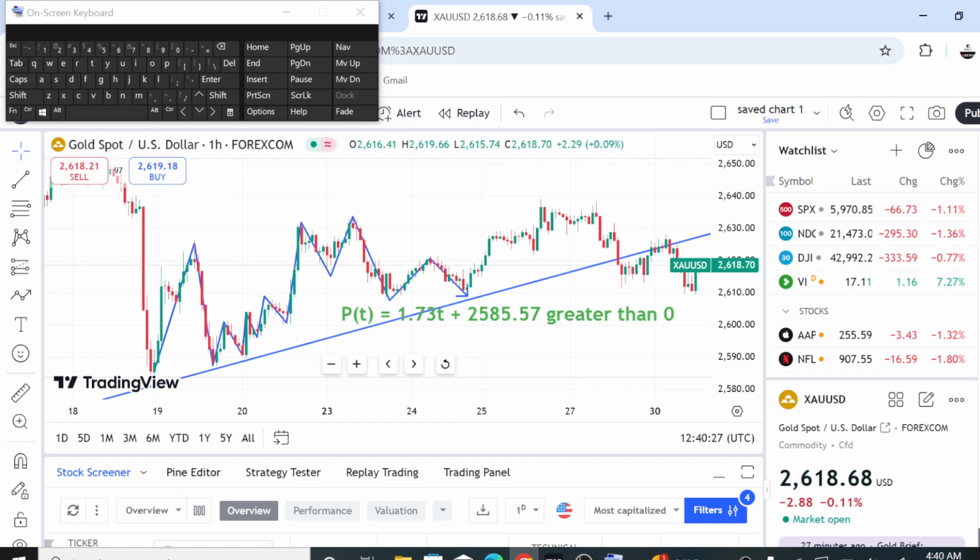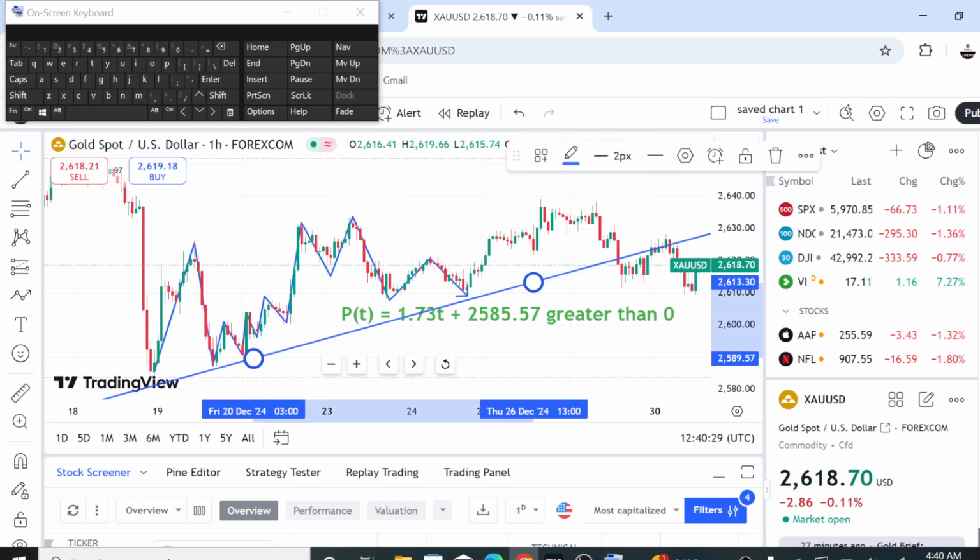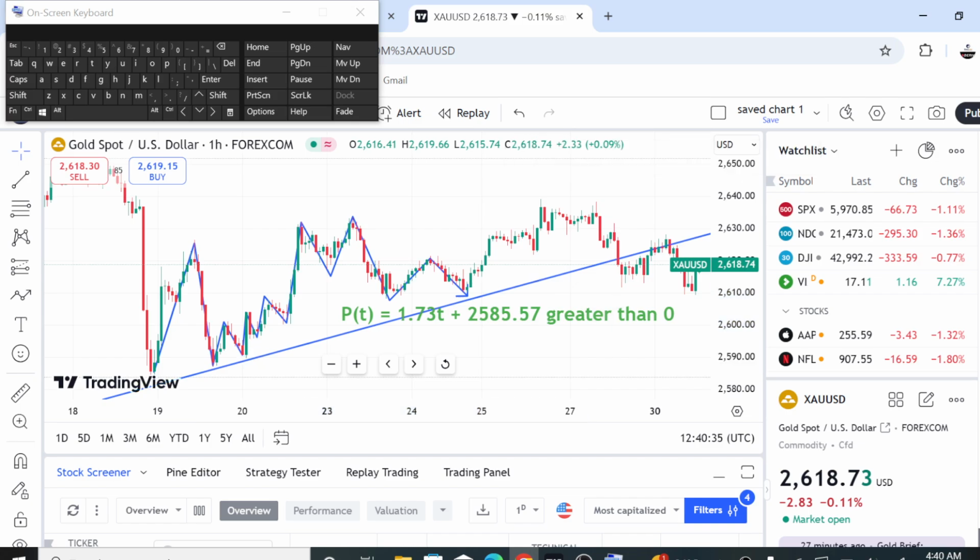But prices above this line are in support of what the price is doing, meaning that all prices below this line are going to lead to more losses, while prices above this line are going to lead to a profit only if you enter at the right price. So when you enter here and you buy, you are going to succeed.